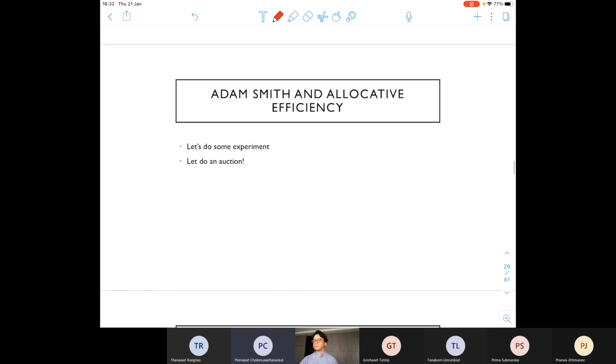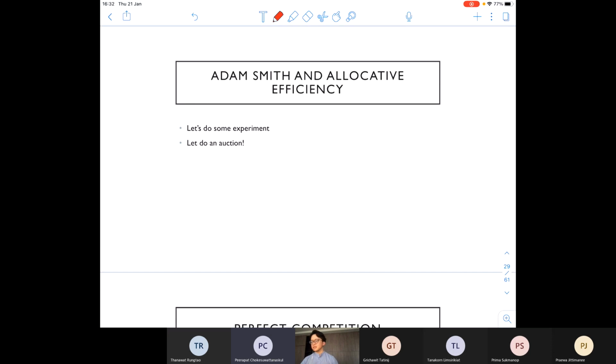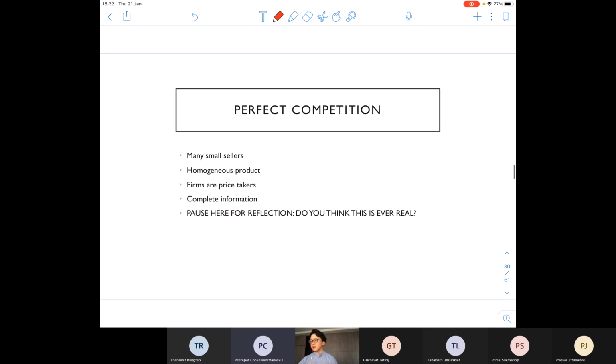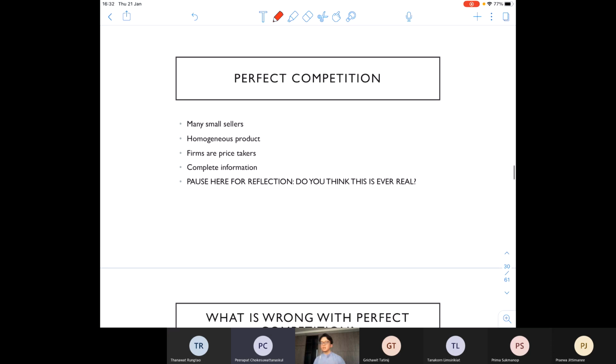And he believes, we will come back to the auction later, that by having these competitions, because I don't care about other people, I'm not doing good for other people. What I'm doing is that I want to maximize my profit, whatever I care about, okay?